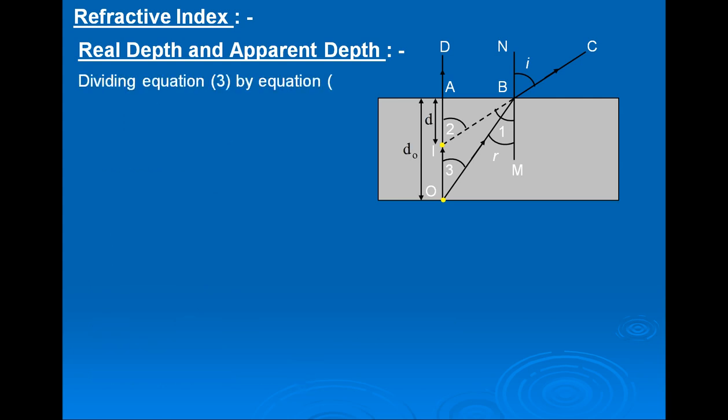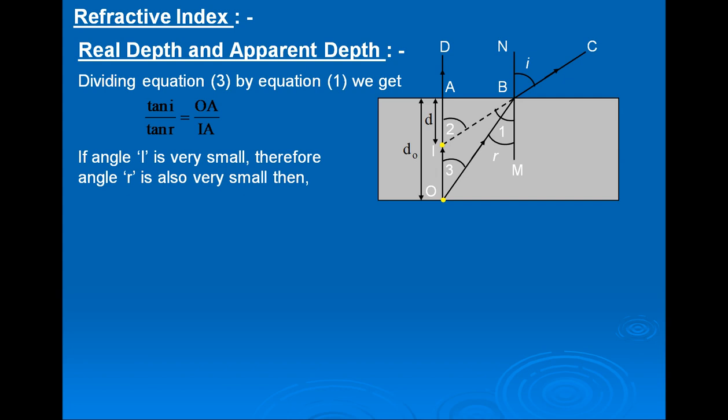Now dividing equation 3 by equation 1, we get tan I upon tan R is equal to OA upon IA, because AB and AB cancel each other.